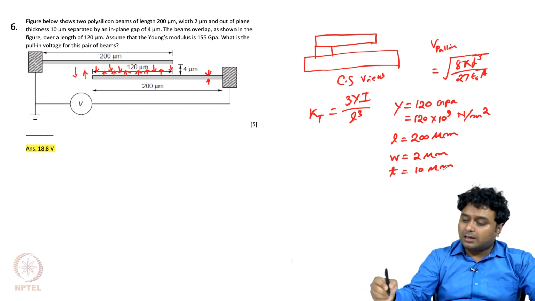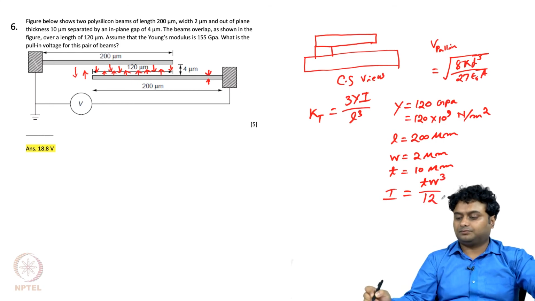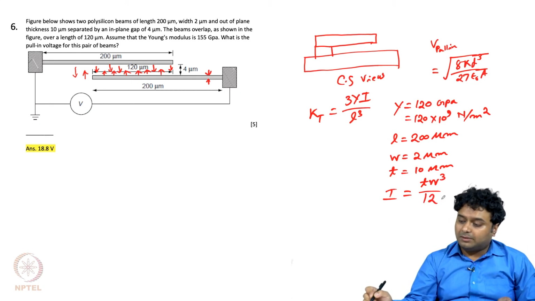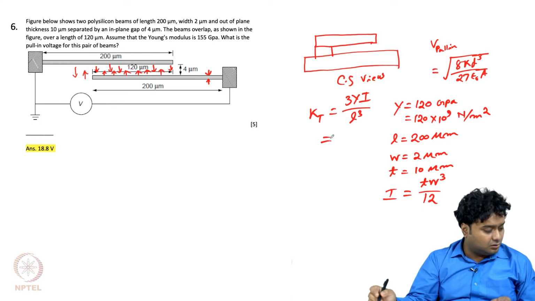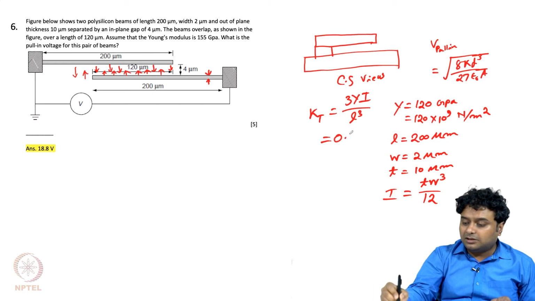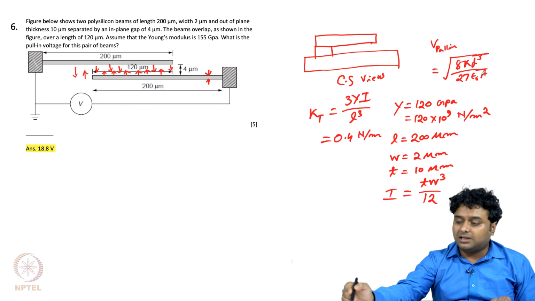Now the thing is, I is usually W t cube by 12, but here the force is acting actually along W only, so it is T W cube by 12, okay. So I equal to T W cube by 12, and then you get the Kt, if you put all these values, then you get the Kt value equal to 0.4 Newton per meter.